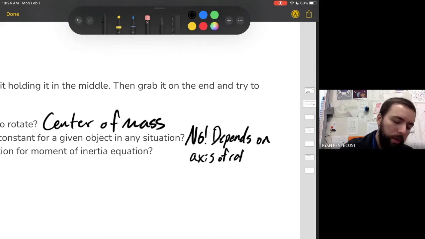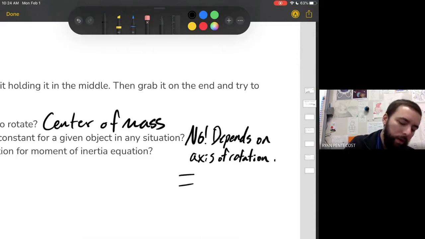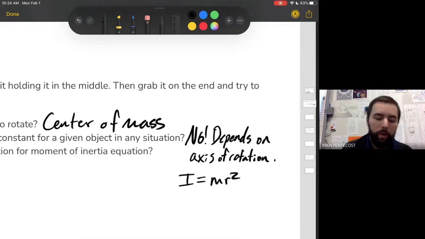Now we know that it has the equation, okay, I equals mr squared, right, or the summation of all mass and their radii squared. Now if you increase the masses, obviously you'll increase the moment of inertia, but if you increase the radius, right, increase how far you are from that axis of rotation, then you are going to increase the moment of inertia, which is going to take more torque to give you acceleration, right?